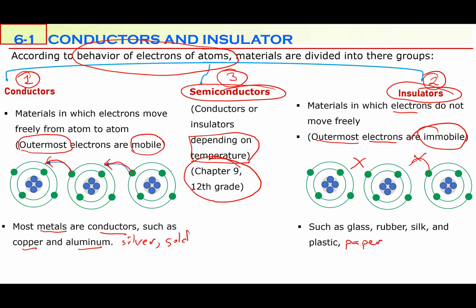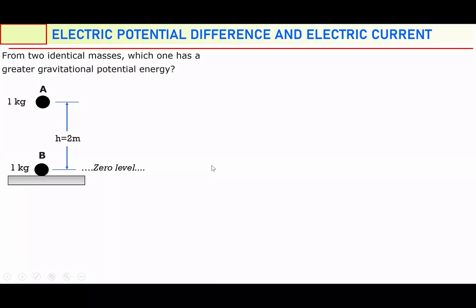Good examples are glass, rubber, silk, plastic, and paper. The third group is semiconductors. They are sometimes conductors, sometimes insulators, depending on the temperature of the material, and will be studied in chapter 9. Okay, now let's continue with the electric potential difference.